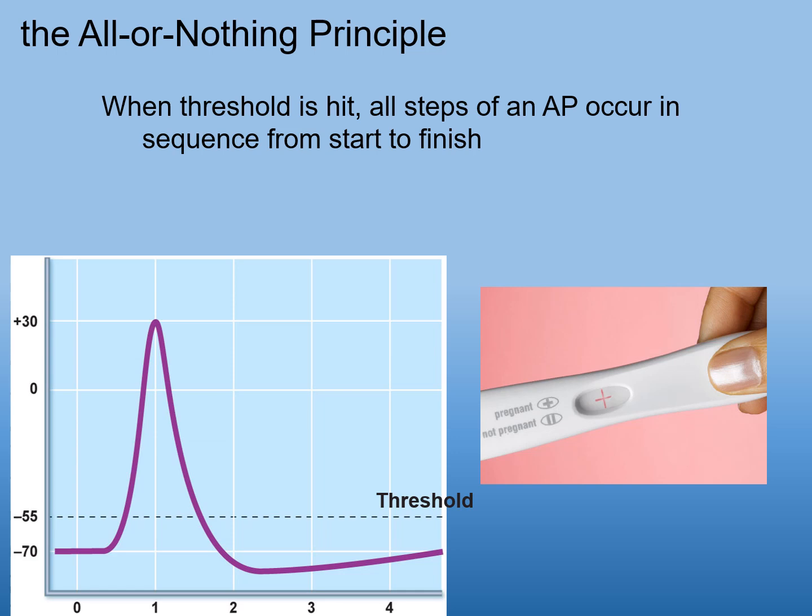Why do I have a pregnancy indicator here? You can't be half pregnant. There's either a plus or a minus. You may have gotten one of those tests where you can't tell if it's a plus or a minus, but it's either a plus or a minus. There's no half there. There's no start then stop. An action potential either happens or it doesn't.